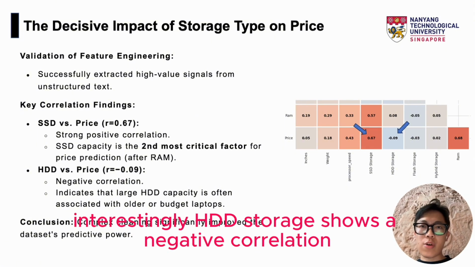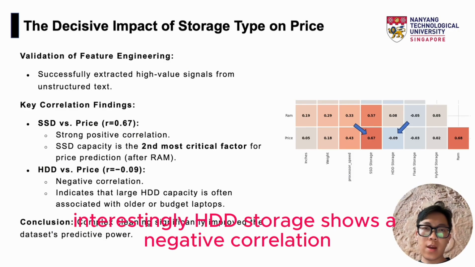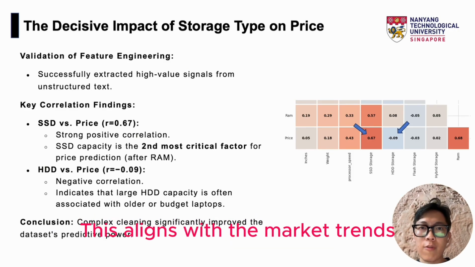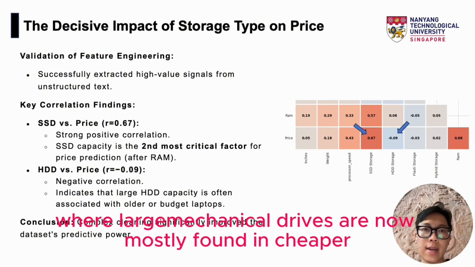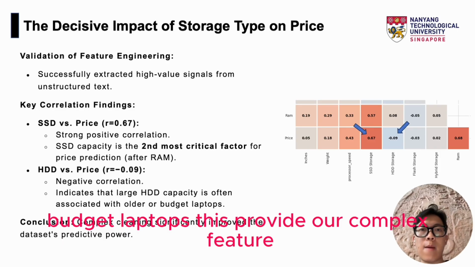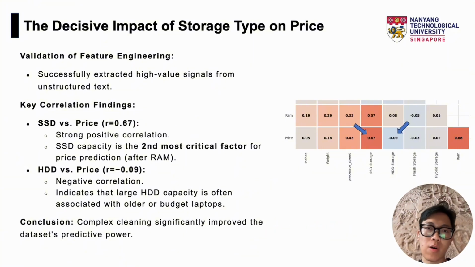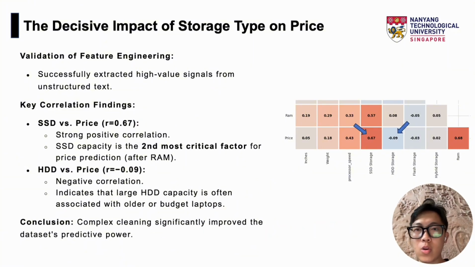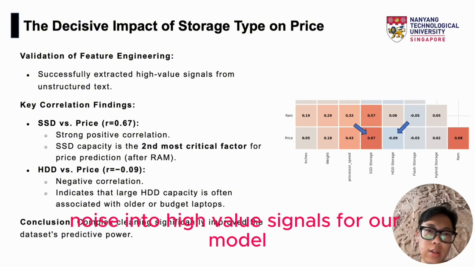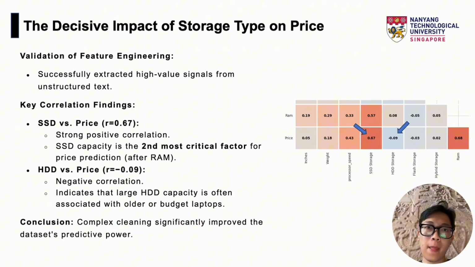Interestingly, HDD storage shows a negative correlation. This aligns with market trends where large mechanical drives are now mostly found in cheaper budget laptops. This proved our complex feature engineering successfully turns unstructured noise into high-value signals for our model.